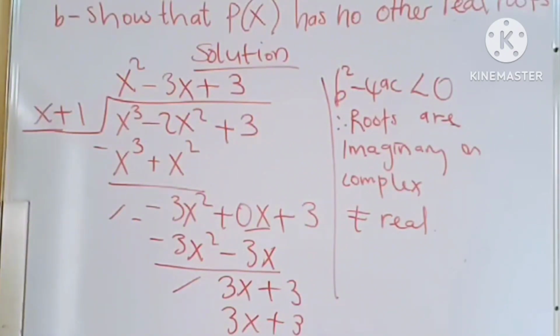If b squared minus 4ac is less than 0, the roots are imaginary. And if b squared minus 4ac is greater than 0, the roots are real and distinct. So we verify it and we realize that b squared minus 4ac is less than 0. And therefore the roots are imaginary. P of X has only one real root.